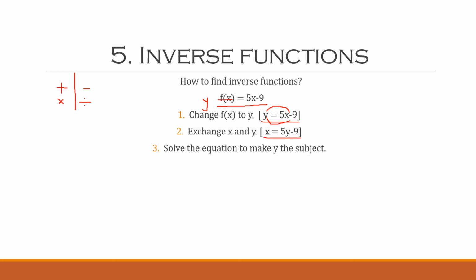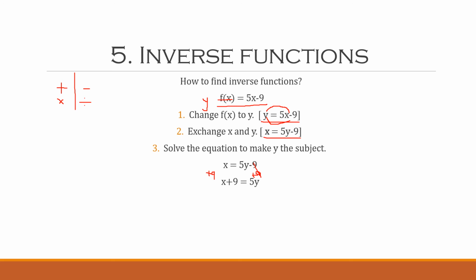Now we make y the subject, meaning that the minus 9 will go to the other side. The inverse operation of subtraction being addition, minus 9 goes here to being plus 9, these two cancelling each other out, and now we have plus 9 here, which gives us x plus 9 is equal to 5y.